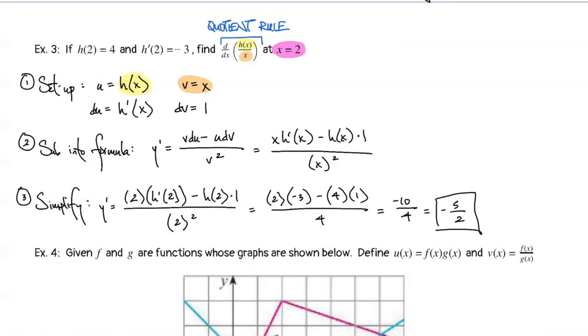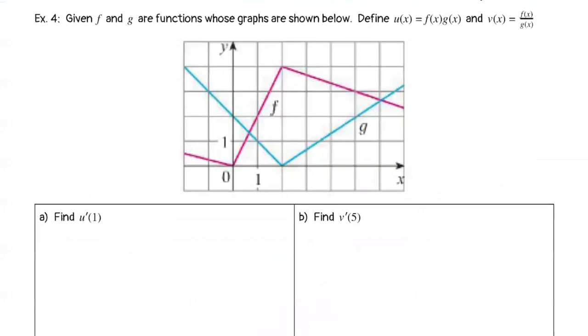Before we move on to example 4, are there any questions about example 3? All right, let's move on to example 4 then.